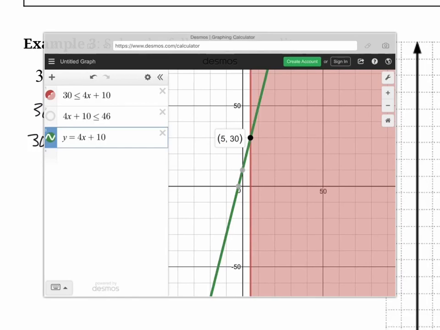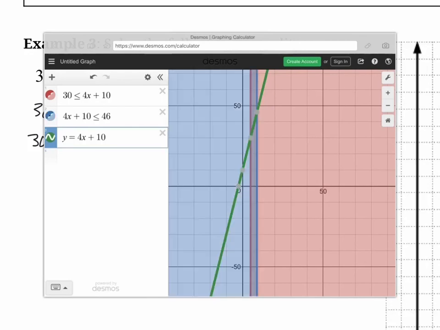x can be greater than 5. And then also, if we add in this restriction here, where the function has to be less than 46, we have x bound between 2 points. Let's click on these points of intersection again. Where the blue overlaps the red is where this statement is true, where the function both has to be greater than 30 and less than 46.